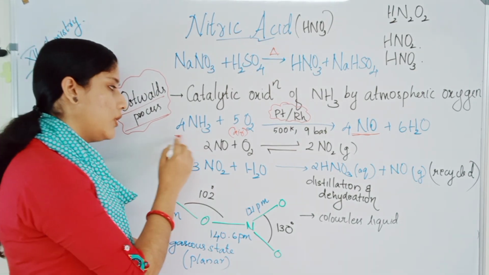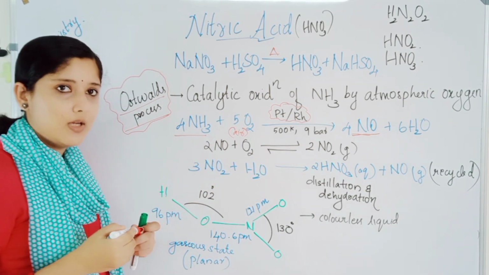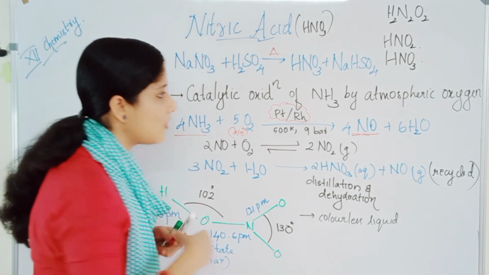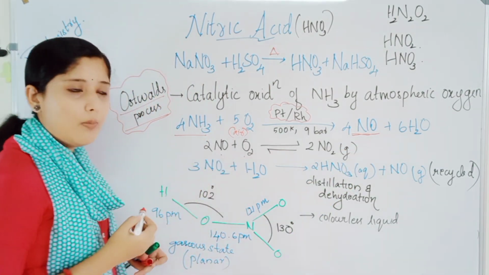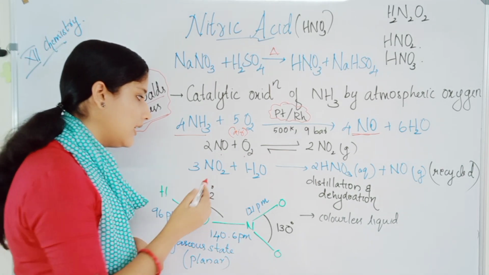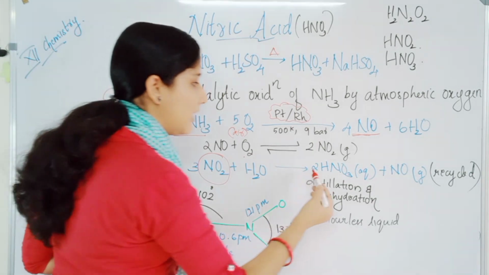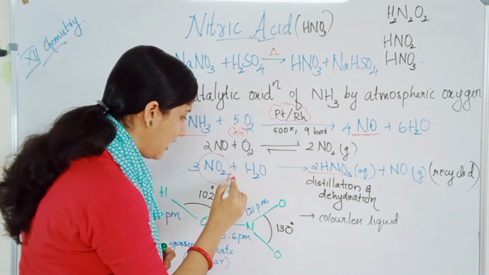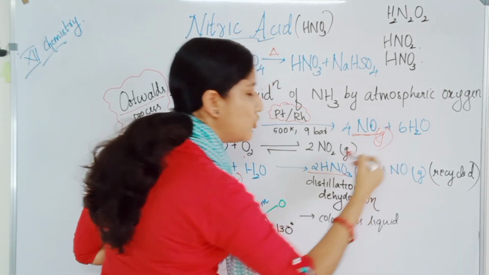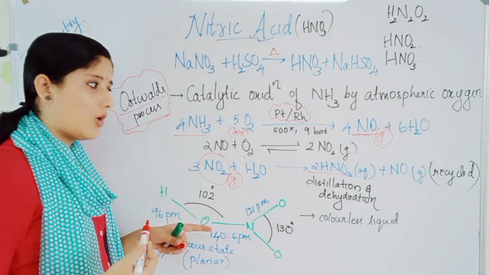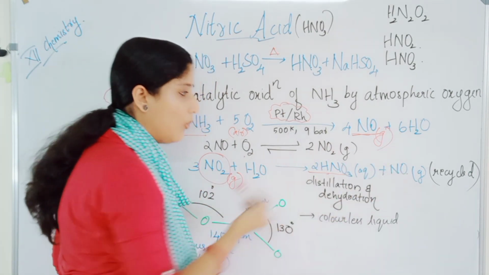Ammonia under catalytic oxidation in the presence of rhodium or platinum will give you nitric oxide, NO, and that reacts with oxygen to form NO2. Further, this NO2 dissolves in water to form HNO3. This is a gas, NO2 gas, and this is also a gas. That NO2 gas dissolves in water to form HNO3, nitric acid, plus NO.